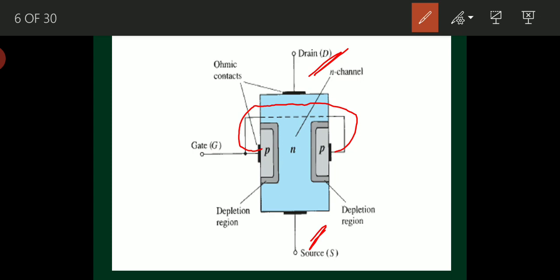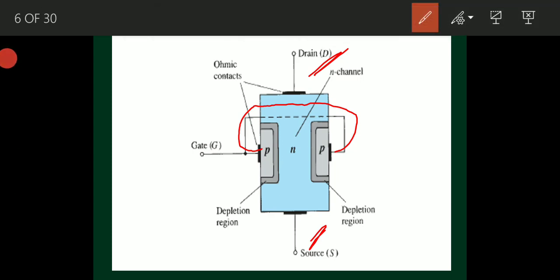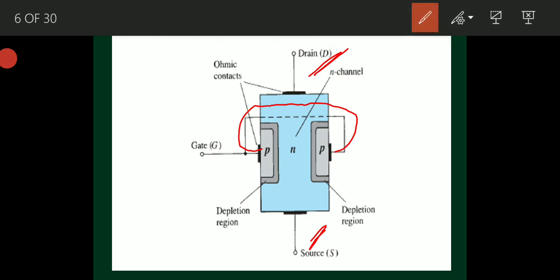So the two p-type semiconductor materials are connected together to a gate terminal.